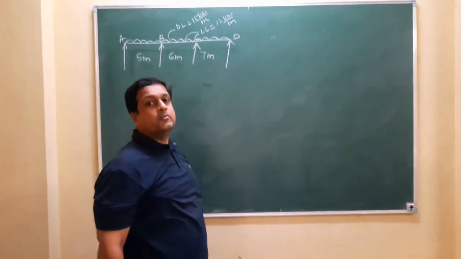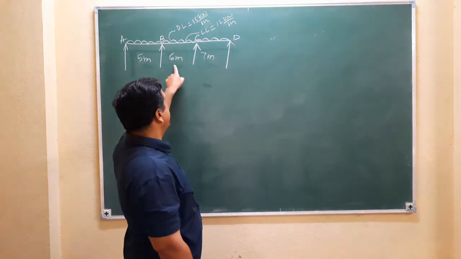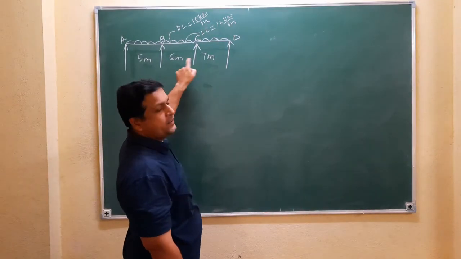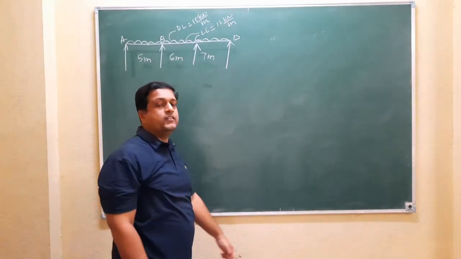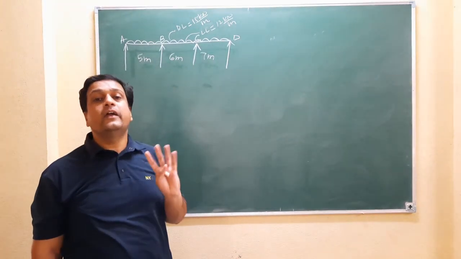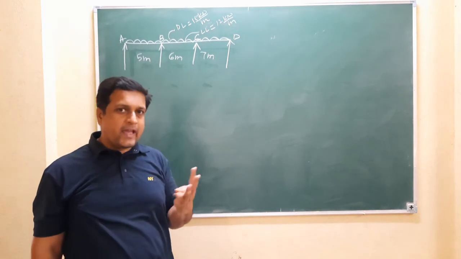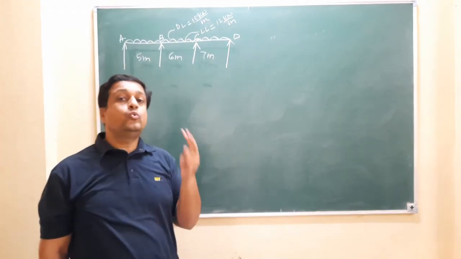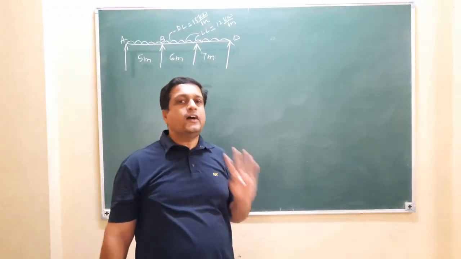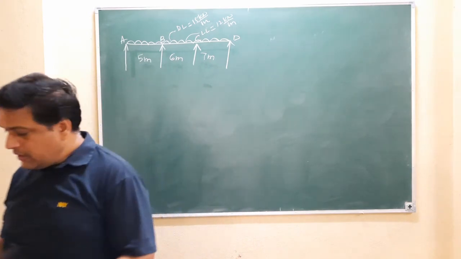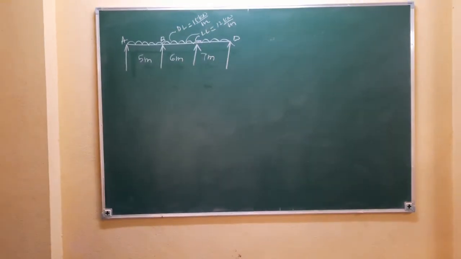While calculating the bending moment at C, you have to take the average of these two spans. That means you have to find out the 5 bending moments, 3 span bending moments and 2 support bending moments.